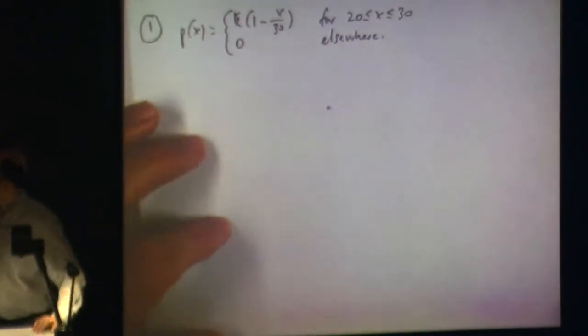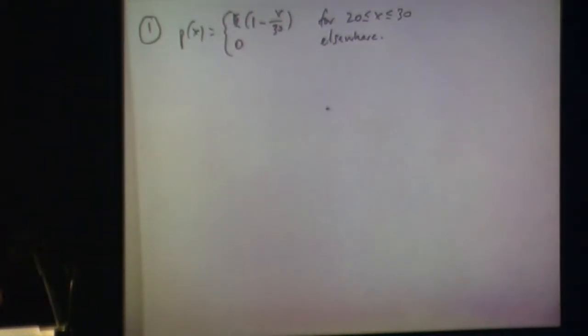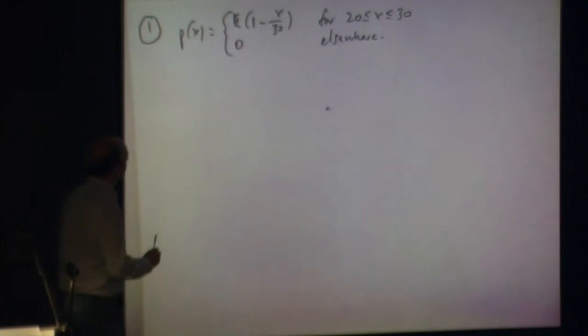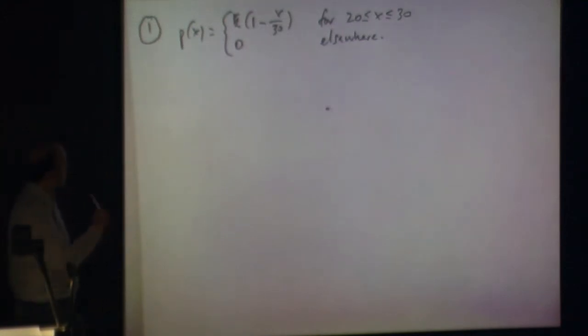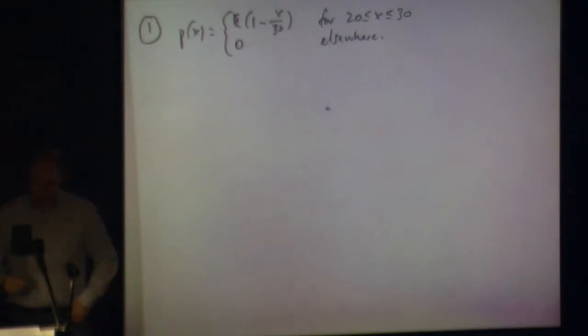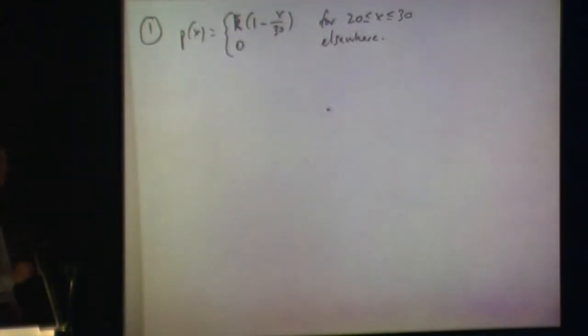Okay. So P of x, my PDF, when x is between 20 and 30, we've got k times 1 minus x over 30. And elsewhere I've got 0 as my function.